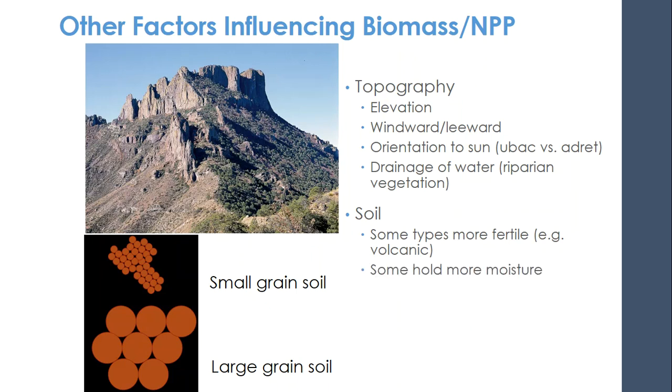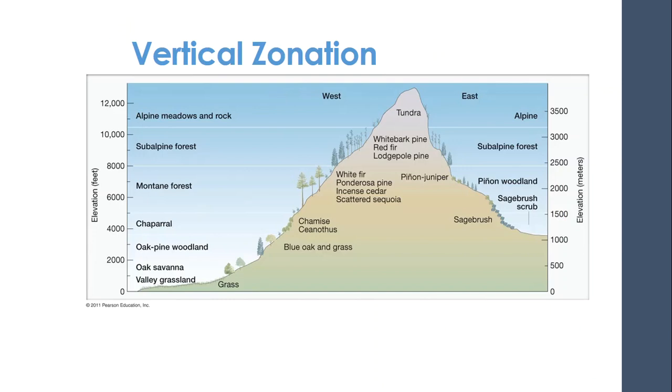Some soils can hold more moisture than others, depending on whether it's a small grain soil or a large grain soil. There's also something called vertical zonation, which means as you go up in elevation, your type of vegetation is going to change dramatically, depending on temperature, topography, whether you're on a windward versus a leeward side, and what the temperature is.